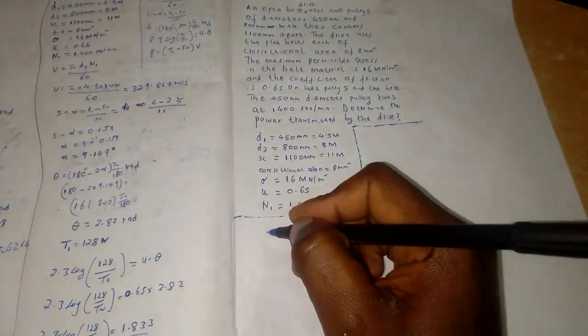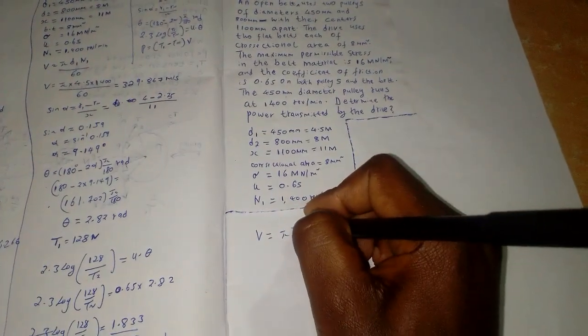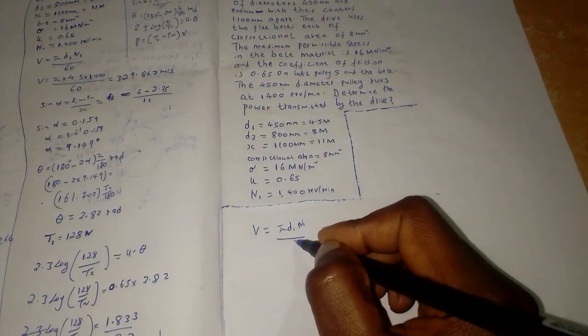Now let's find the velocity of the belt. Velocity is given as pi d1 n1 divided by 60.